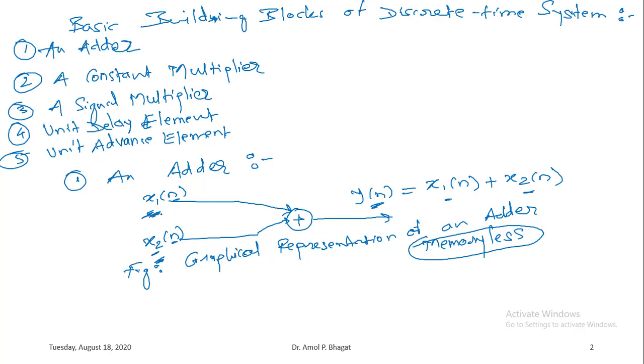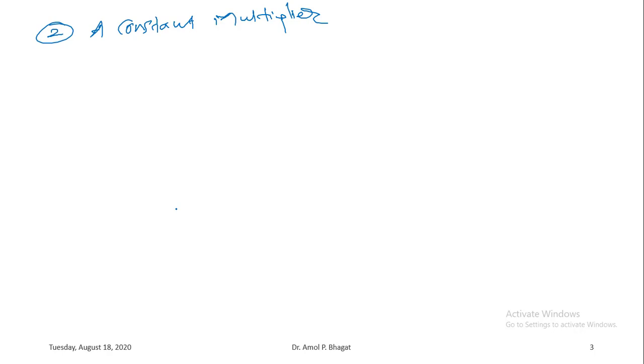These are variables, so x1 of n and x2 of n may comprise multiple samples, meaning you are applying different values. These are not constant values. In the case of a constant multiplier, it will scale the input x of n with some constant value. Simply, the input sequence will get multiplied with a constant value.